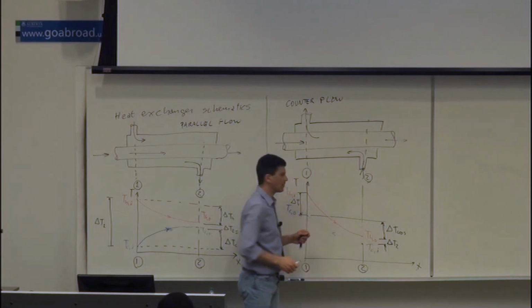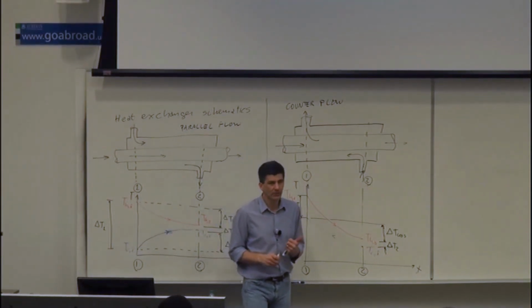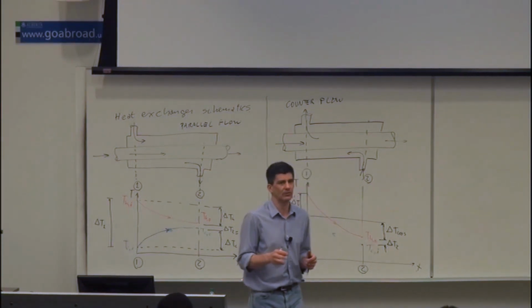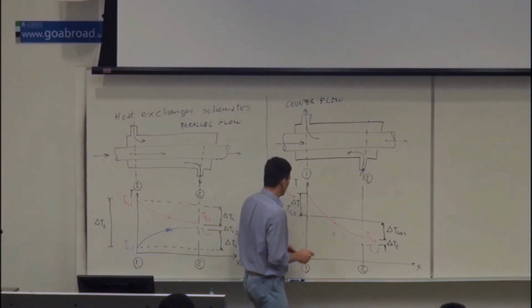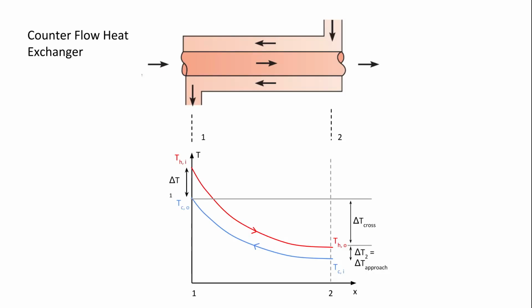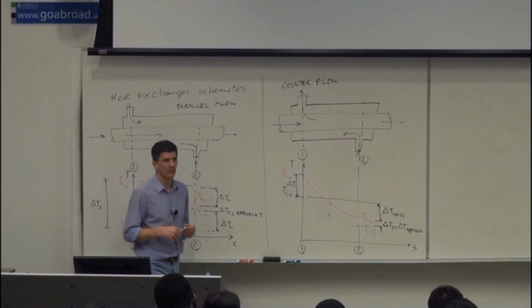We're comparing different parts of the heat exchanger. For this reason, counterflow heat exchangers are so much more efficient. You want those when you can, right? And of course, this one here, if this one is small, this is also delta T approach, the approach temperature.